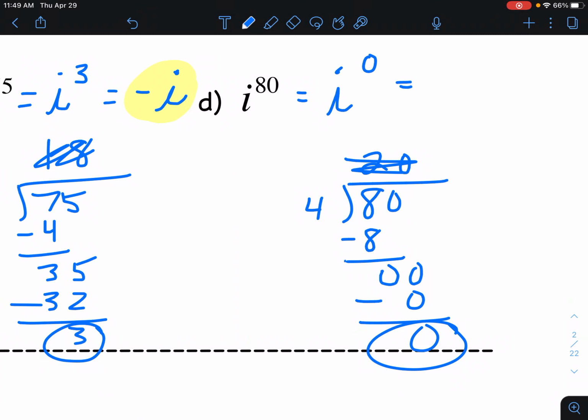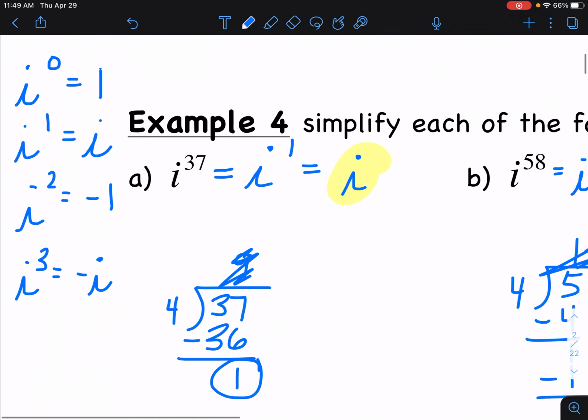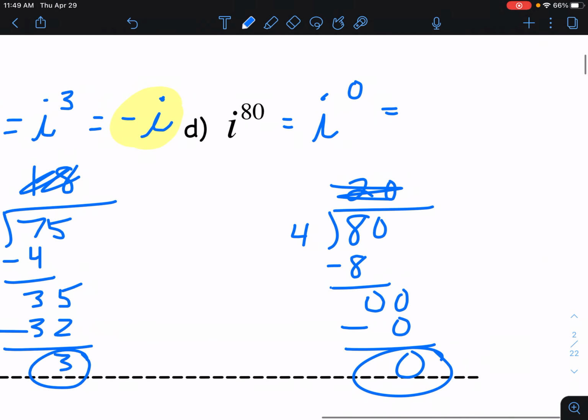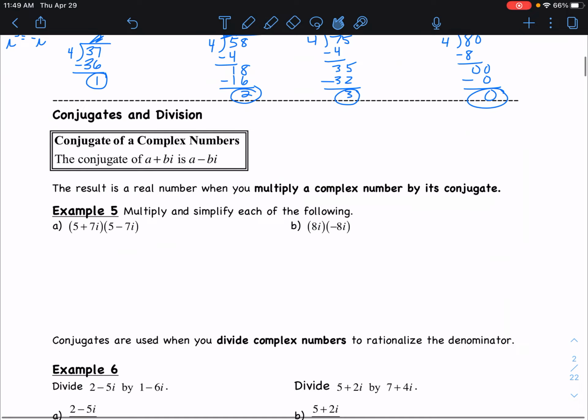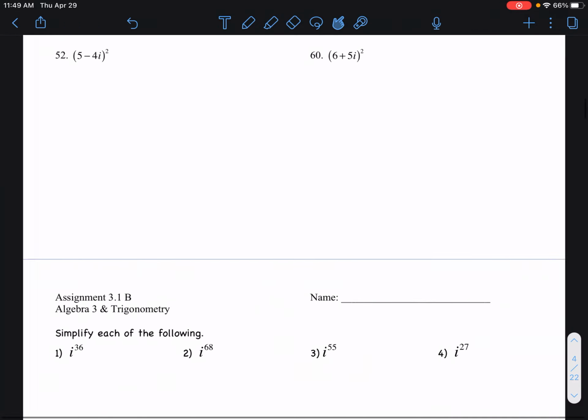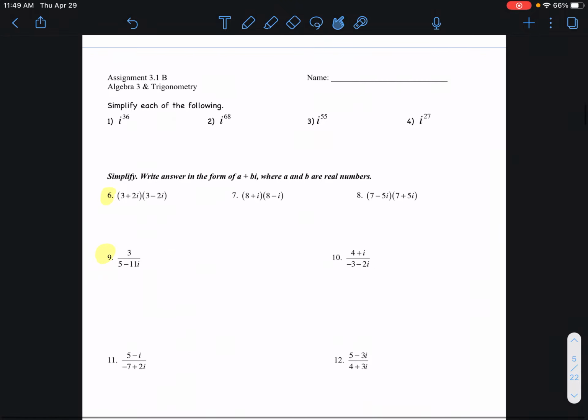And what will that become? i to the power of 0 is equal to 1. Remember that anything to the power of 0 is equal to 1. All right, so that'll set you up for down here. If you scroll down to assignment 3.1b, you're now good to do numbers 1 through 4.